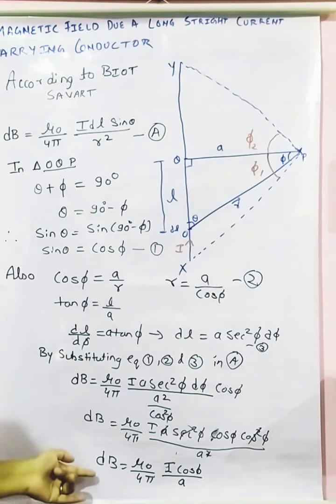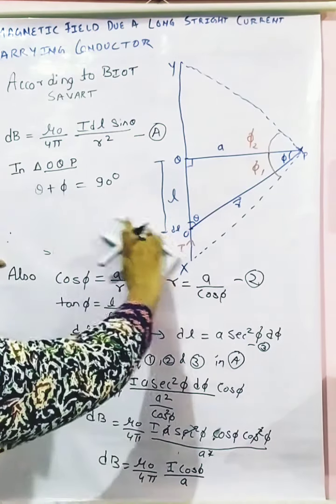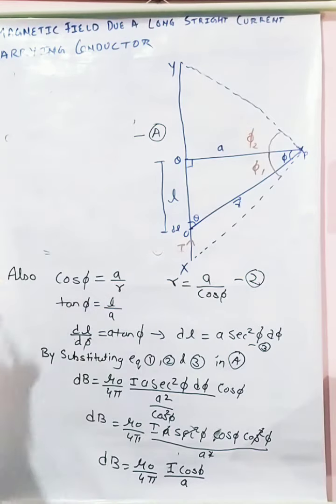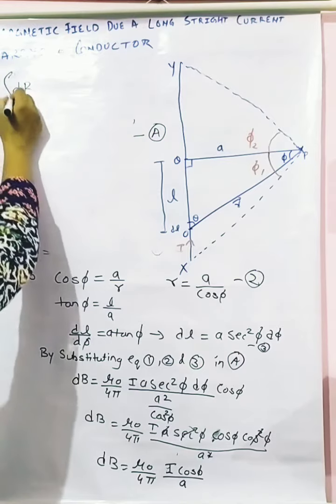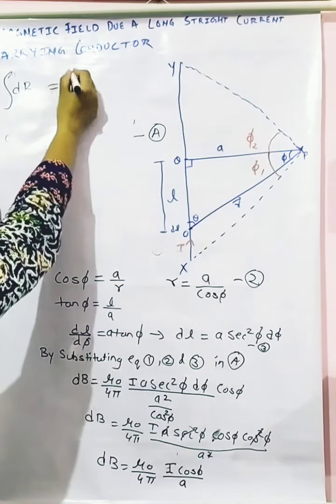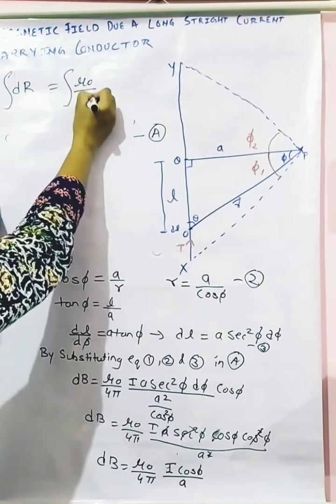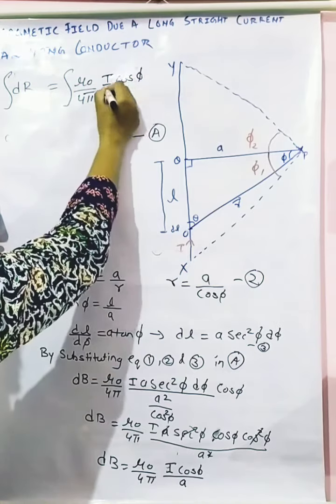Now what we have to do is integrate it further. So when I integrate it, what do I get? After this I am going to integrate dB, and here also we need to integrate mu naught 4 pi I cos phi upon a.